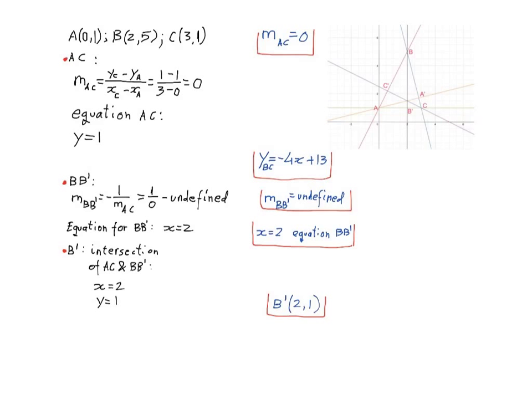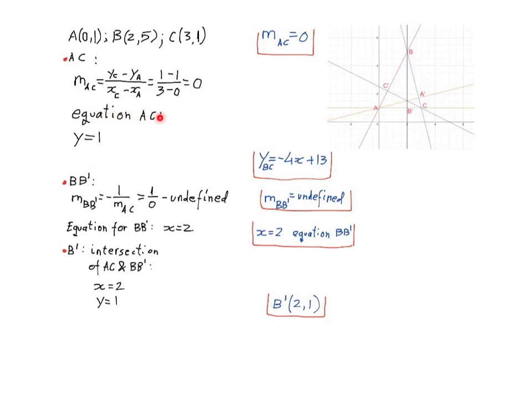So the gradient of AC is YC minus YA over XC minus XA, which is 1 minus 1 over 3 minus 0, and this becomes 0. So MAC is equal to 0, which proves that the gradient of AC being 0, the line AC is parallel to the x-axis.